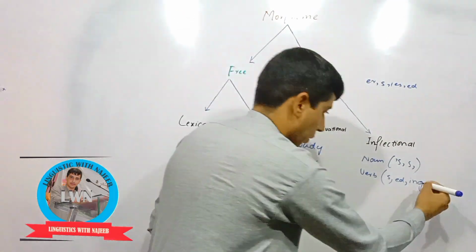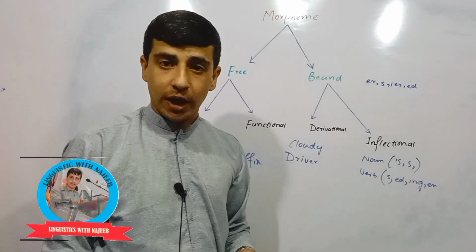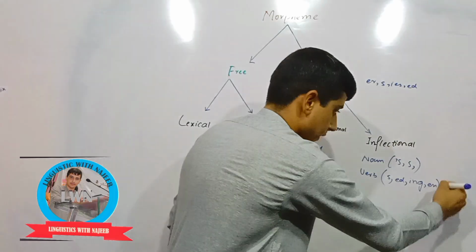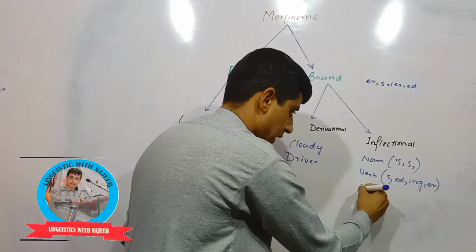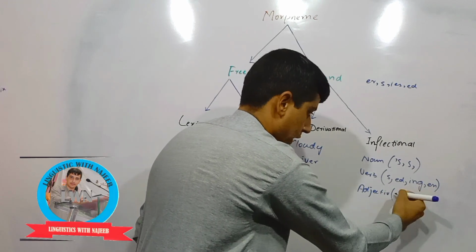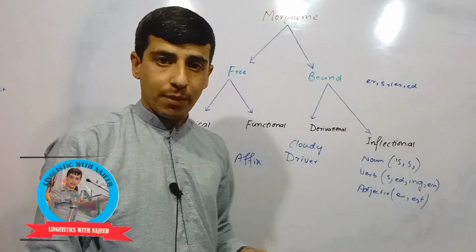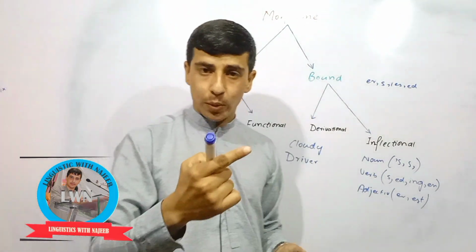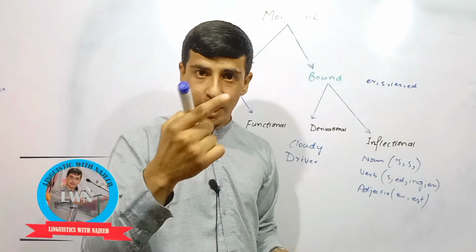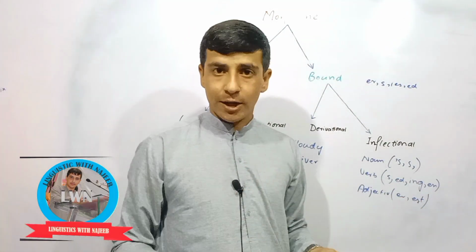We can also add en, for example write into written. And with adjectives we can add er or est. For example, we can say high, higher, and highest. So higher has er, and highest has est.